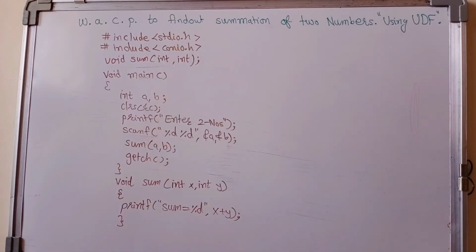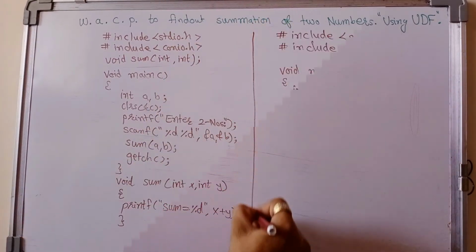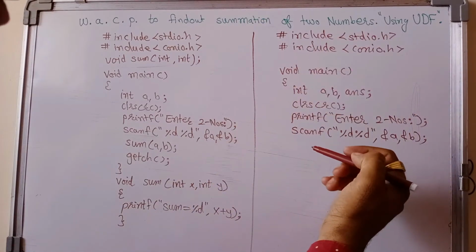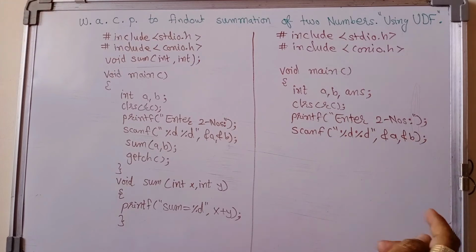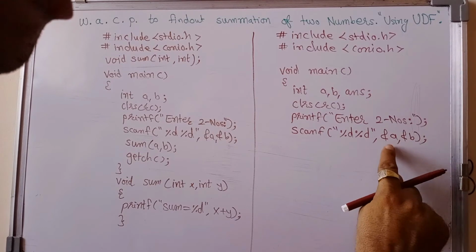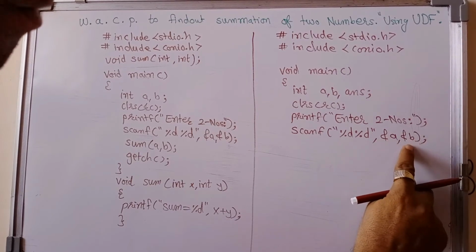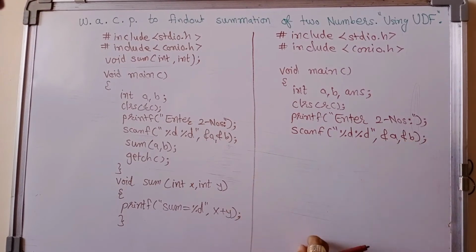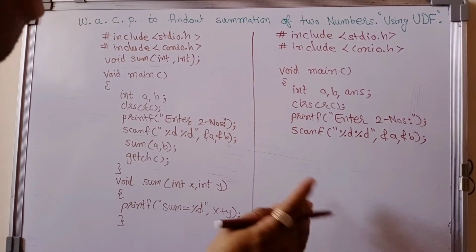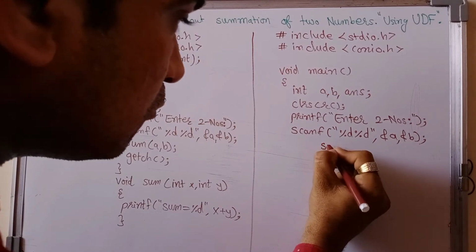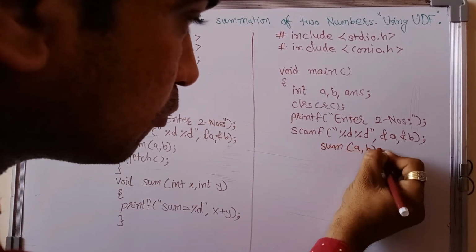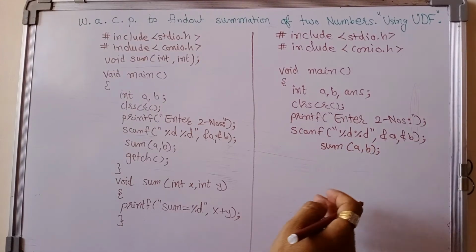Let's try this program in another way. Here I am going to build the same program but in a slightly different fashion. Our void main function takes two values and stores them in variable a and variable b. Now I want to call a user-defined function that calculates the addition and returns the answer. I am using the same function name sum, passing the two values a and b.